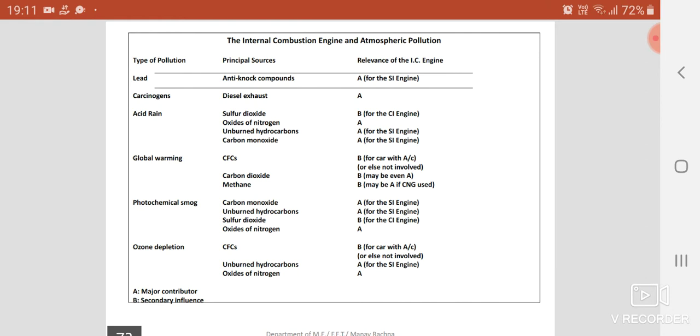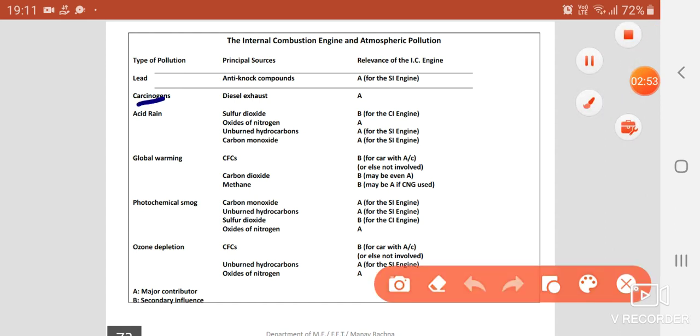Then comes acid rain. This is acid rain. Acid rain is a phenomenon which doesn't happen in our country in general. It happens in Western countries more. Acid rain happens due to principal sources of sulfur oxide, sulfur dioxide, oxides of nitrogen, unburnt hydrocarbons, carbon monoxide.